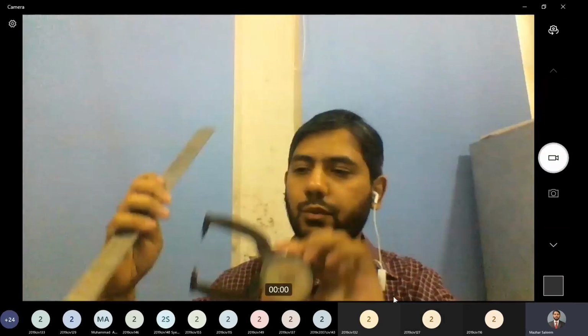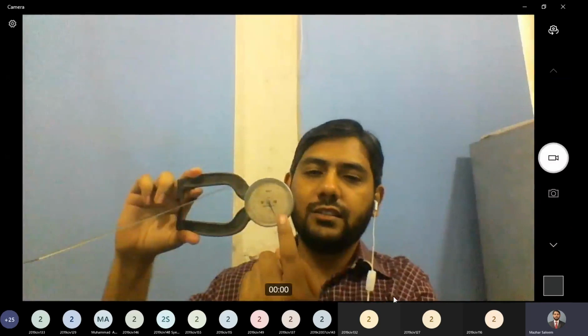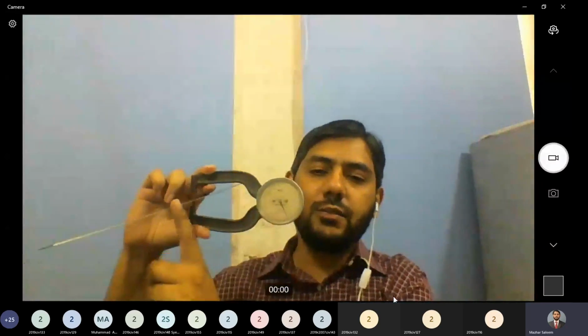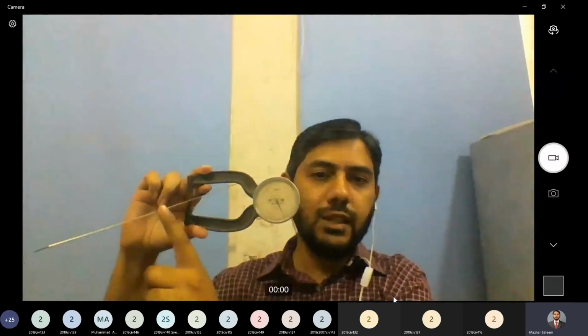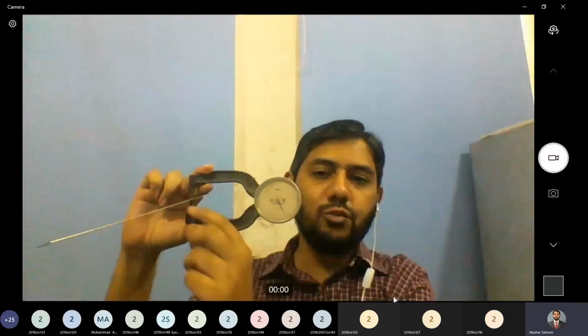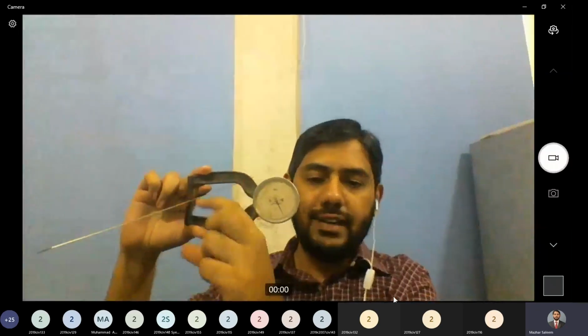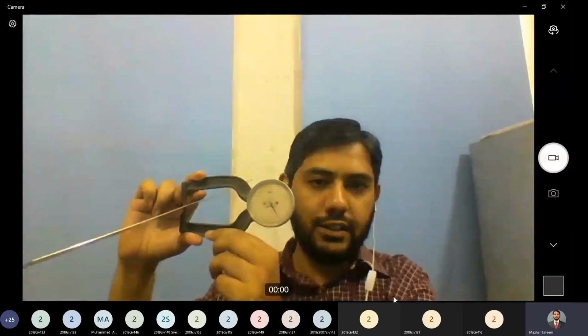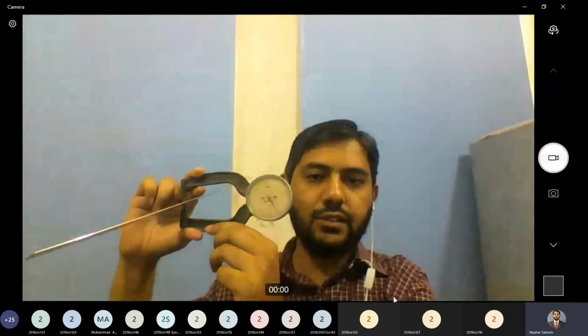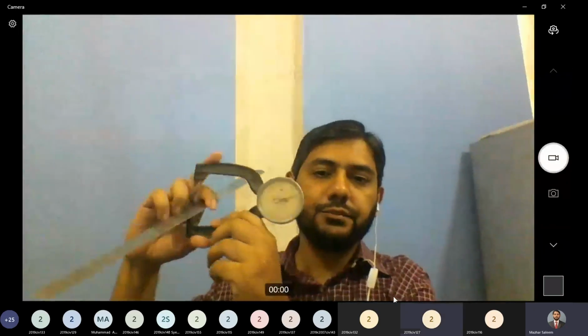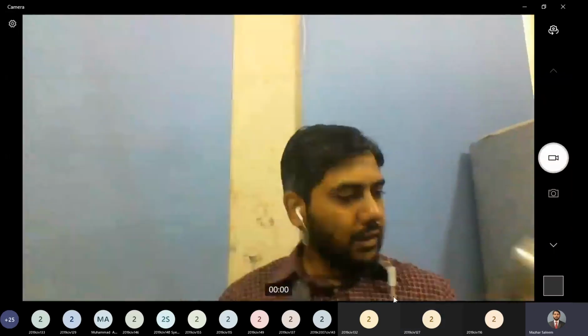I will place it like this, and I will hold it in this position. Now, whatever is reading on the scale, that is giving me thickness. Reading on this dial, that will give me the thickness. So the purpose of this device is to measure thickness or small lengths or outer diameters of objects. Okay, is it clear now? Yes, sir. Thanks, sir. All right.